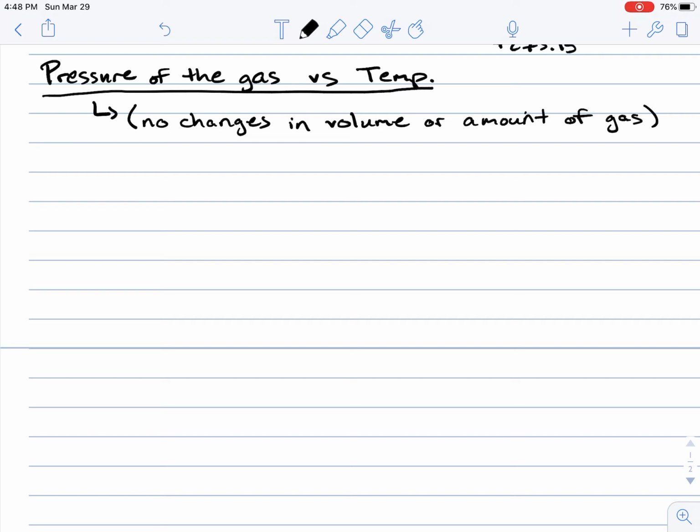So long story short, volume and amount of gas, or moles of gas, is held constant. And we're only looking at how pressure is affected by changes in temperature.